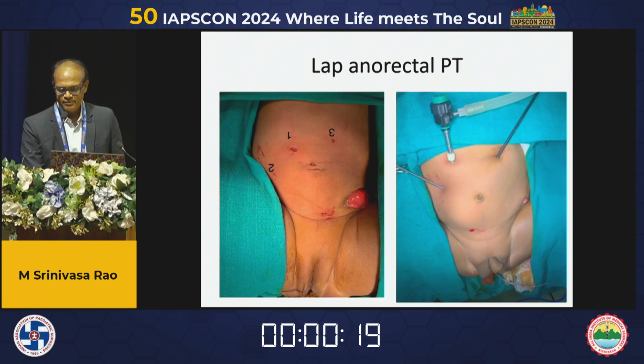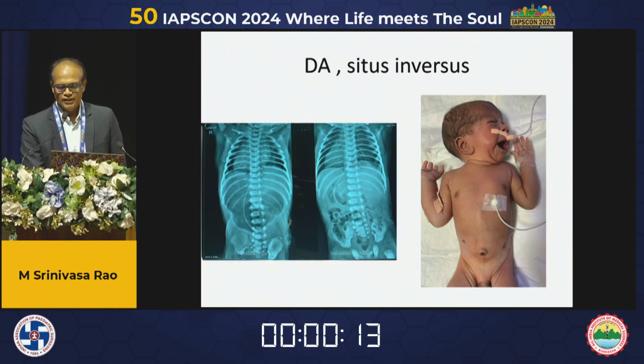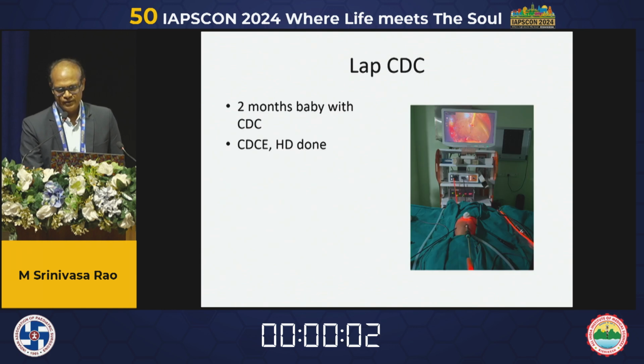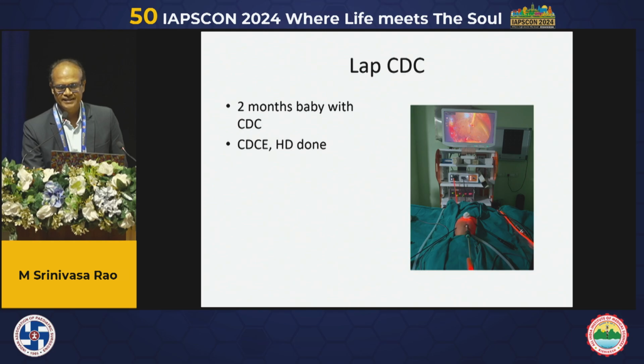We also performed laparoscopic anorectal pull-through using the simple stab incision technique to introduce the instruments. Duodenal atresia we are definitely doing. This is a typical case of duodenal atresia with situs inversus, which we did with the simple system. Laparoscopic choledochal cyst excision along with hypospadias urethrostomy has also been done.